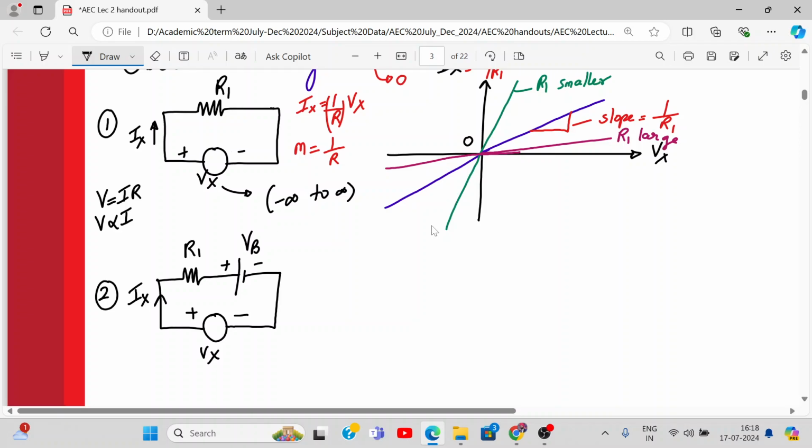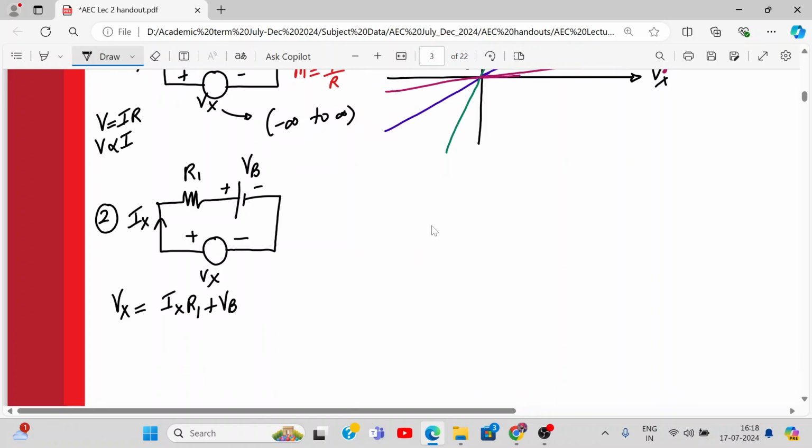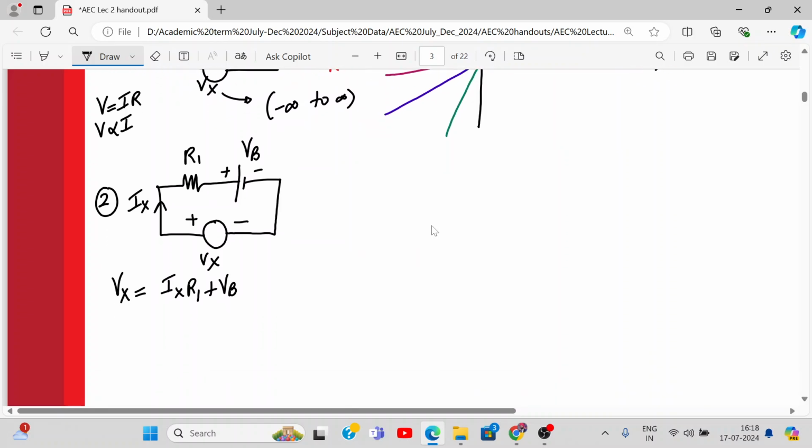Now what is the equation of Vx? Can you tell me by simple KVL? Can I say Vx will be equal to Ix R1 plus VB? Do you agree on this? You apply KVL, you will get this only.